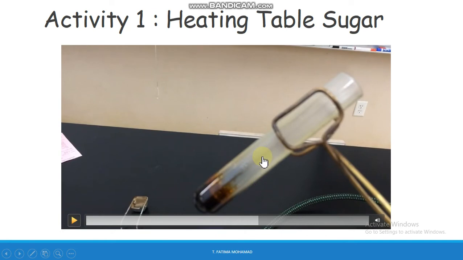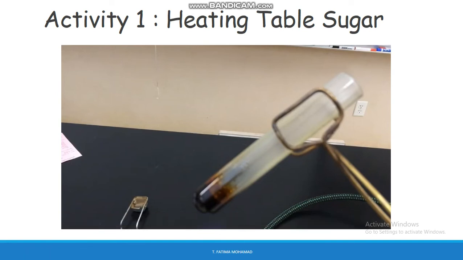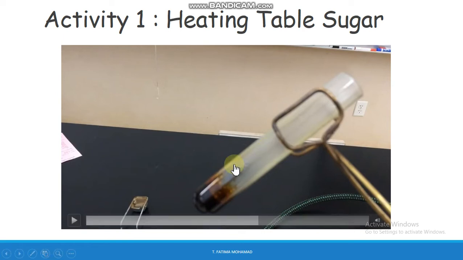From where did they come? These droplets came because when sugar is heated, it releases water vapor, and this water vapor hits the wall of the test tube and condenses into water droplets.